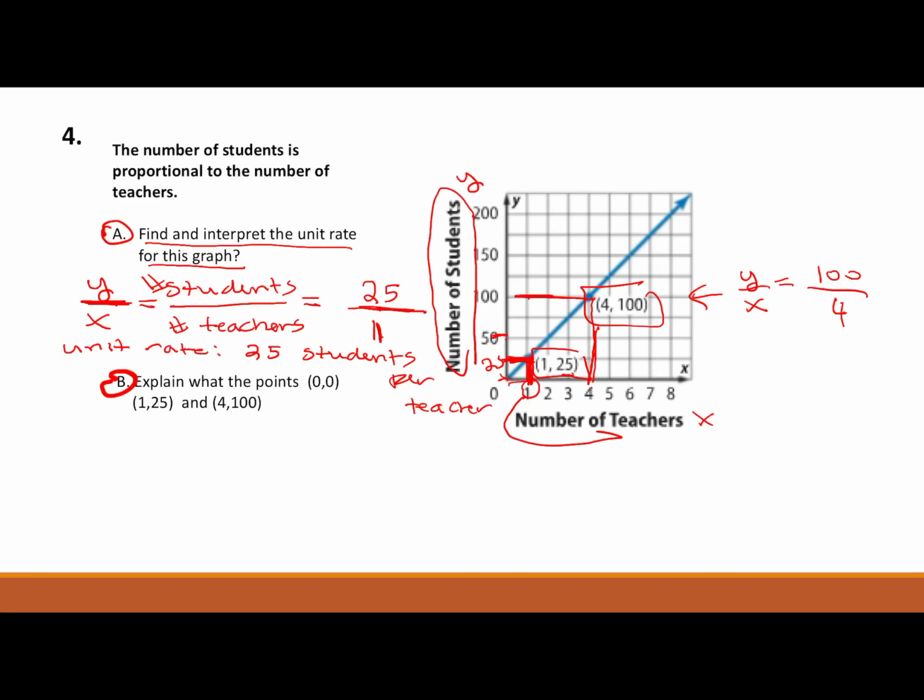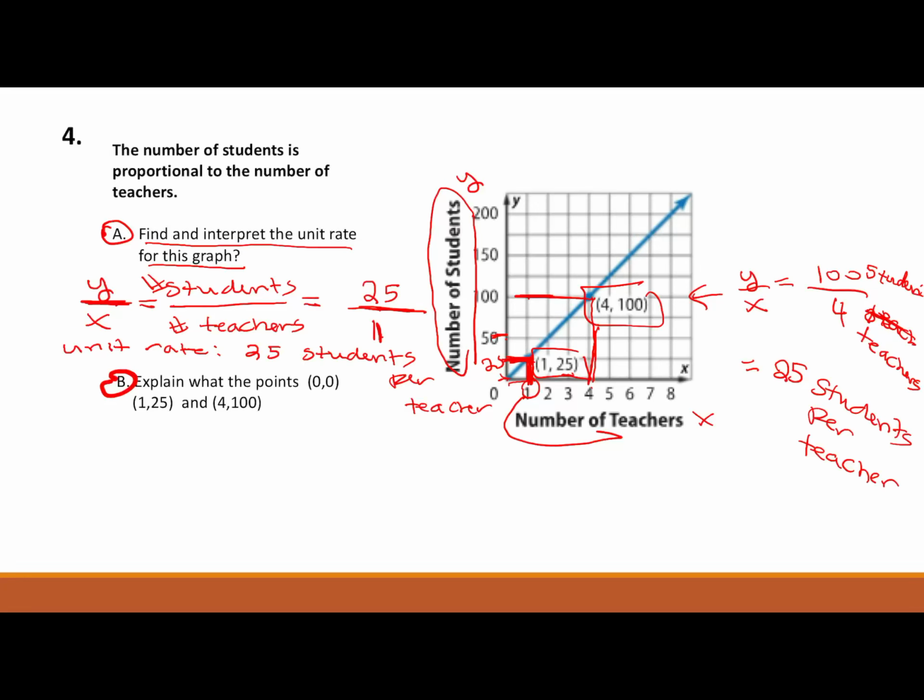So if we divide that, this is students, and this is teachers. Okay, if we divide, 100 divided by 4 is going to be 25 students per teacher. So our unit rate is 25 students per teacher.